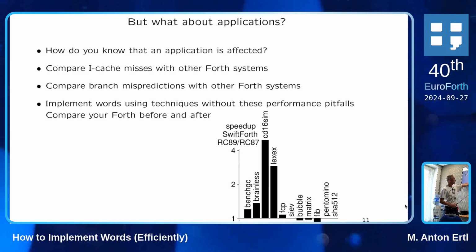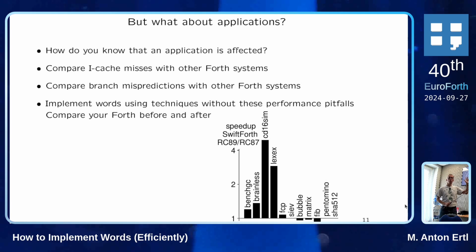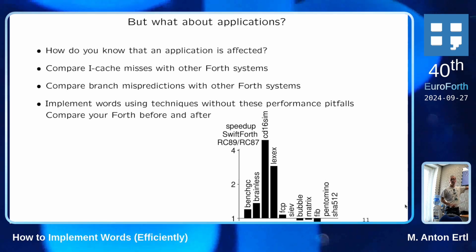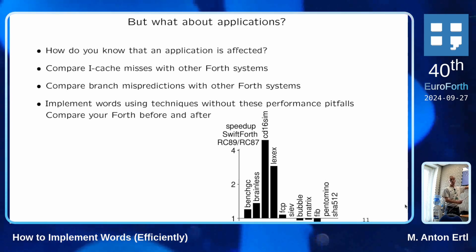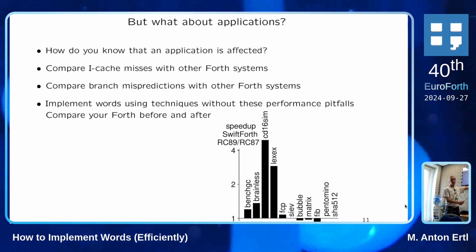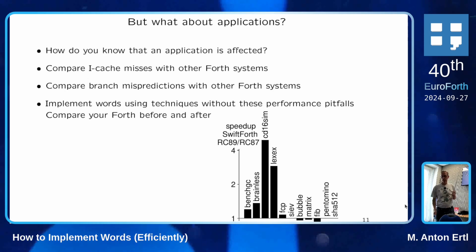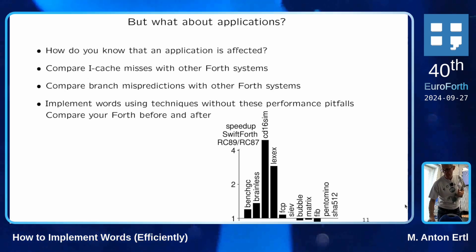The other ones are small benchmarks, or, like Pentomino and SHA 512, not small but not idiomatic Forth code, I would say. Sometimes these small benchmarks can be quite misleading. You would think there's no problem when you look at the small benchmarks, but when you look at the application benchmarks, you see there's a problem.